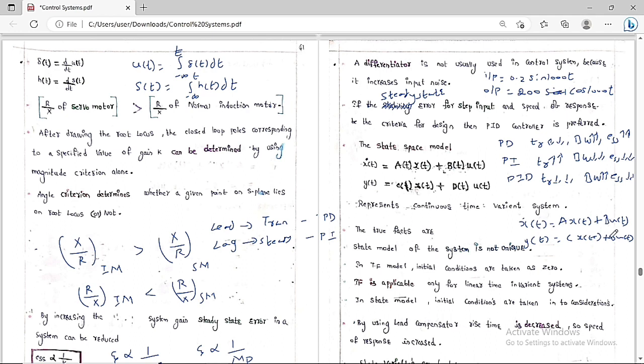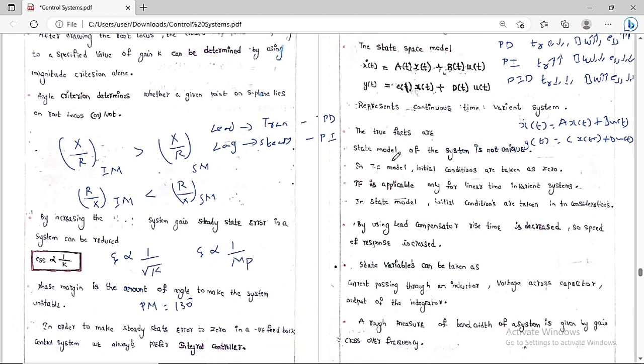Here, if A, B, C, D are constant with respect to time, then this is called a continuous time invariant system. But if A, B, C, D also vary with respect to time, then it is a continuous time varying system. So these things you always have to keep in your mind.